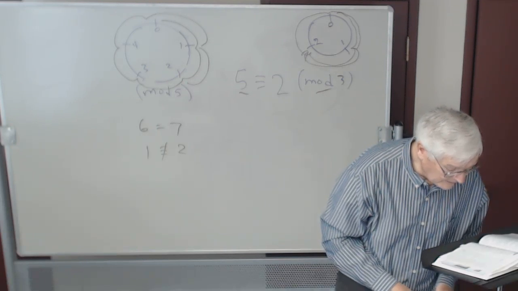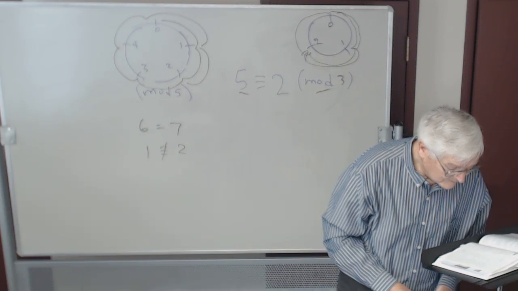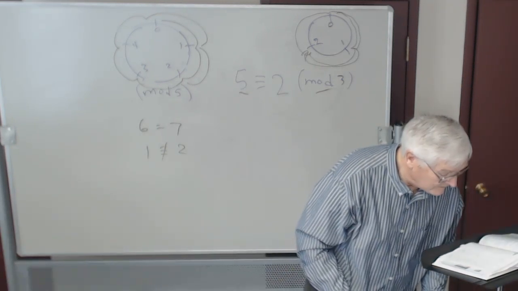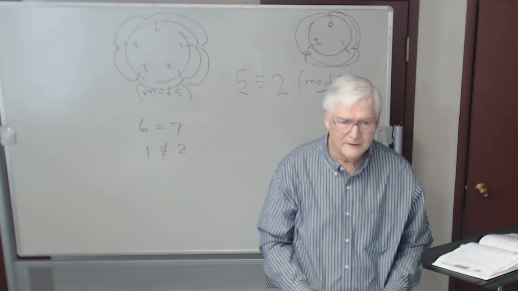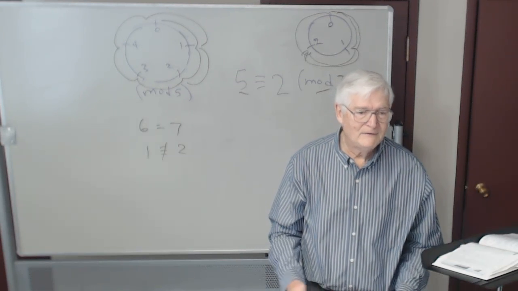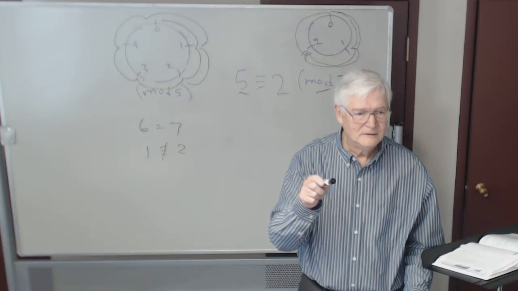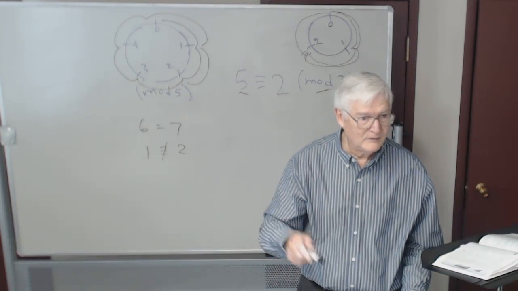Now, in problem 48, modulo 10, what's 2 plus 9 in your head? 11. And if I only have 10 places, then it's 1, 1 beyond 0.